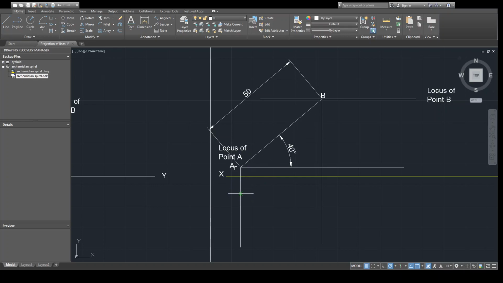Somewhere here we will assume point AH, and this is the top view of line AFB.